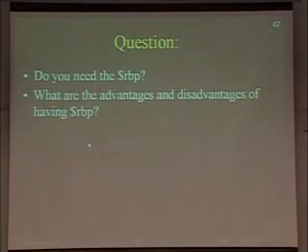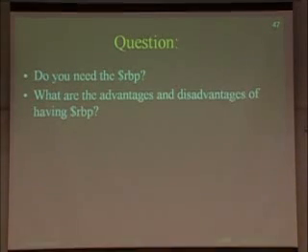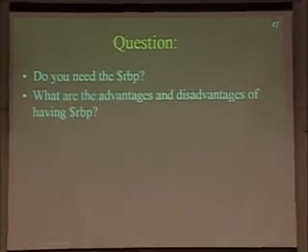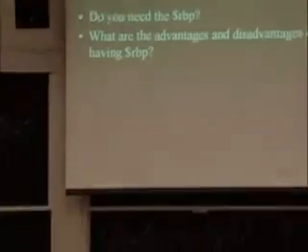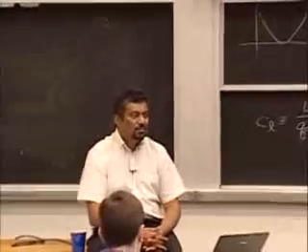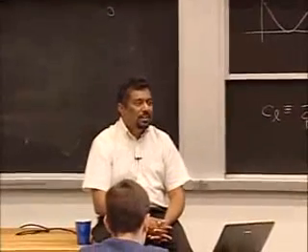Okay, so another question. Why do I need the base pointer or frame pointer? Why can't we just use the stack pointer and use that register for something better? Well, you can just keep track of where the stack is.